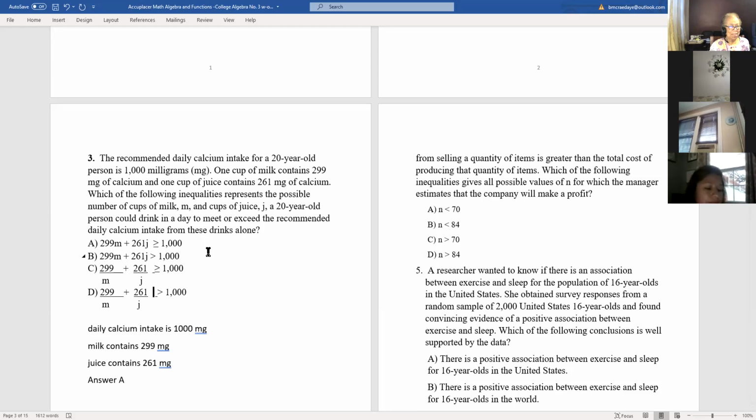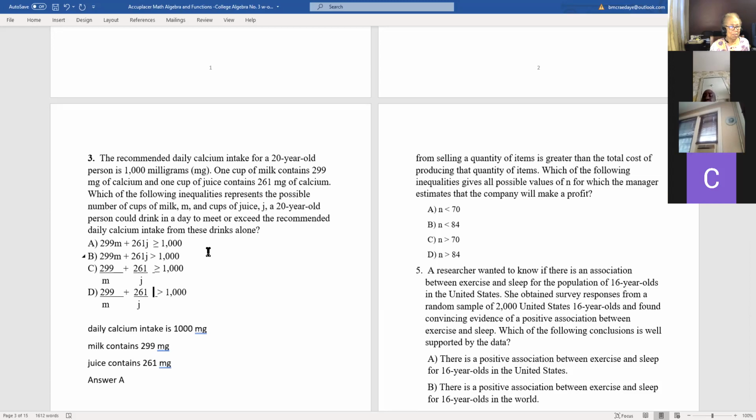Okay, so let's go back over number 3. Latoya will explain it to you. Explain number 3, Latoya, to Chastity. It said the recommended daily calcium for a 20-year-old person is 1,000 milligrams.